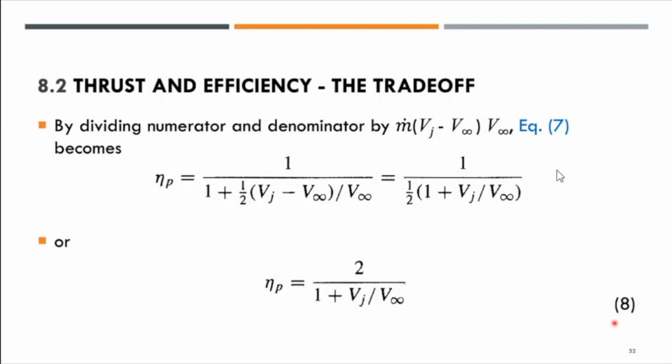That will be equation number 8. So try your very best to derive from equation 1 until you come to equation number 8, which is the simplified version of the propulsive efficiency.